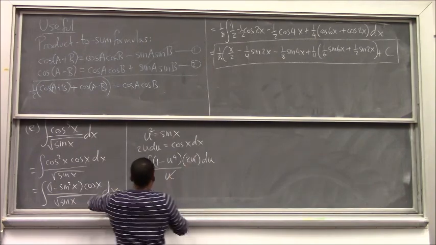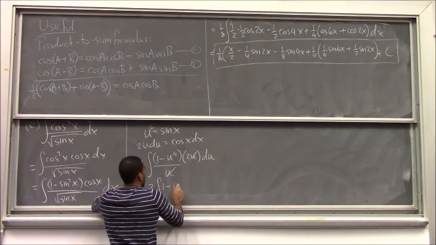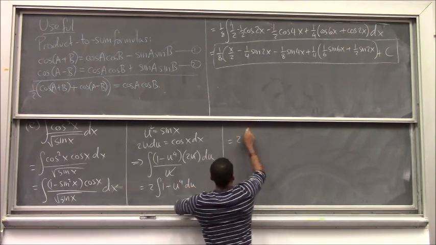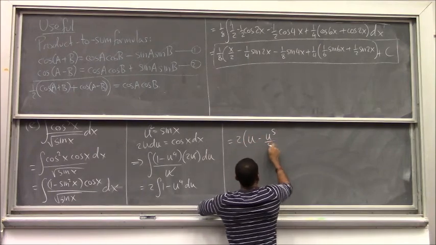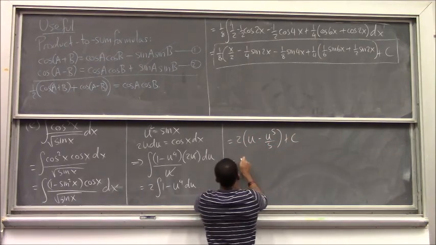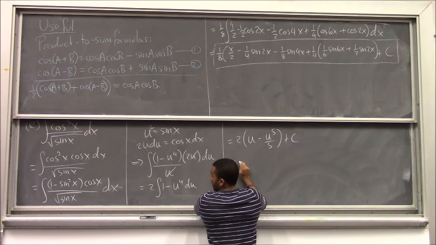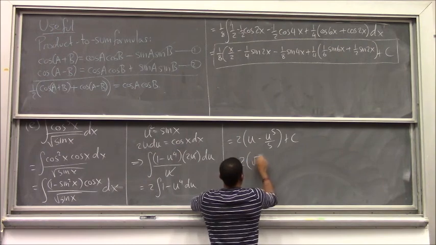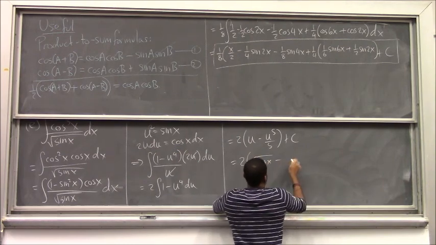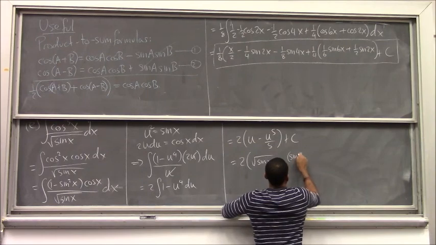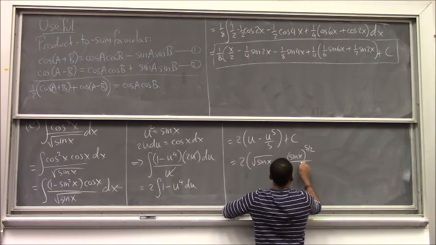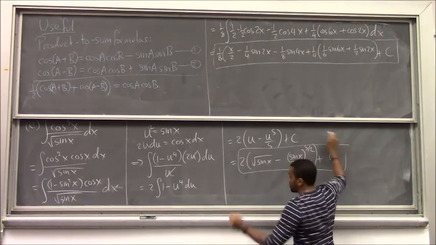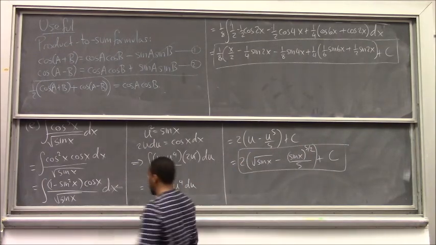That would cancel. So we get 2 times 1 minus u to the 4th du. And my u was the radical of sine. So that's that.